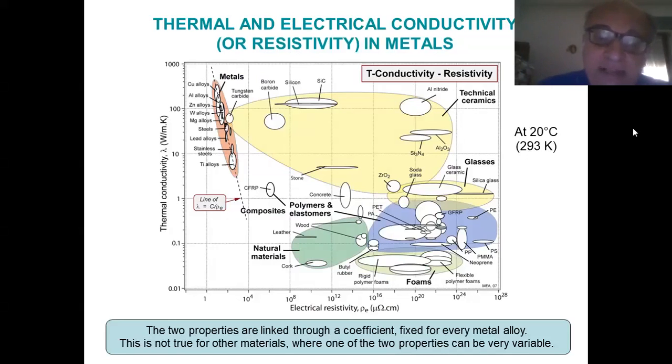Of course, they are not considered electrically conductive and even not thermally conductive. There is worse than that. For example, foams, which are at the bottom, and natural materials are used to be insulators like coal. What is important is also the shape of these regions in which a material is included.